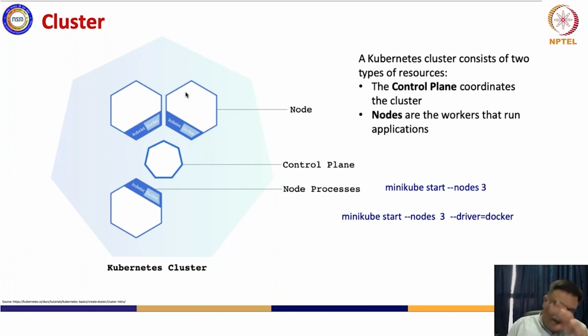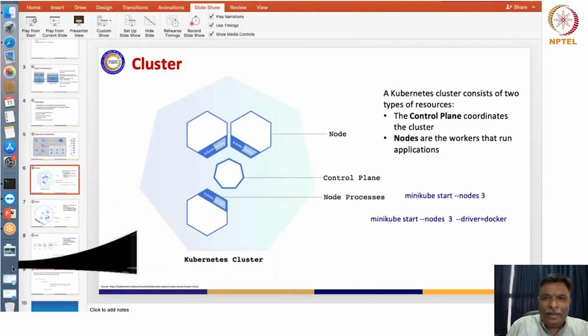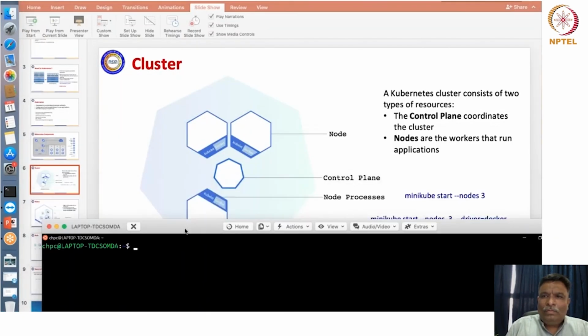So now let us try to actually see a Kubernetes cluster, do a hands-on thing and start understanding that. So the first thing which we do, I am using something which is called as Minikube here.